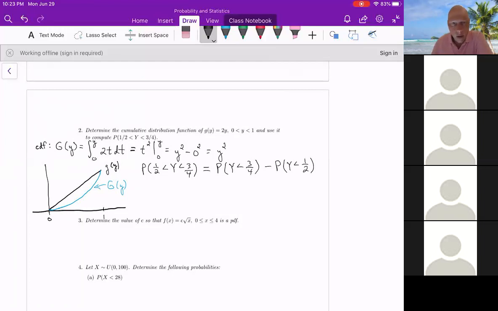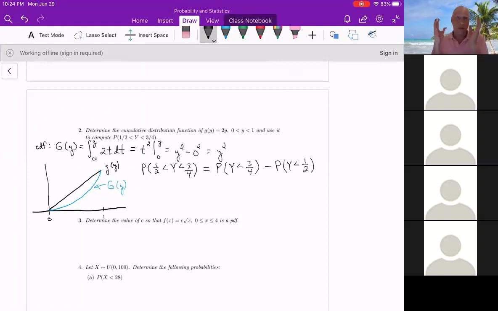So it's just another way of viewing that probability of the area between two values is the same as the area below or to the left of the larger value, and then subtract off the piece of the area that's to the left of the smaller value.